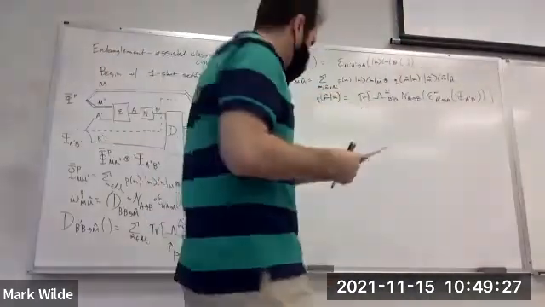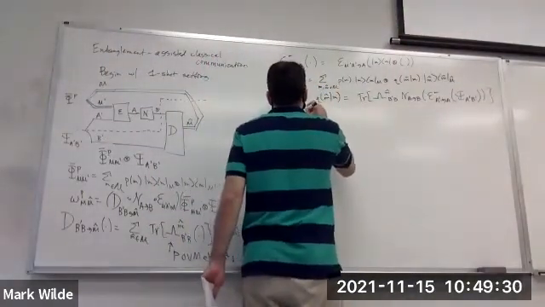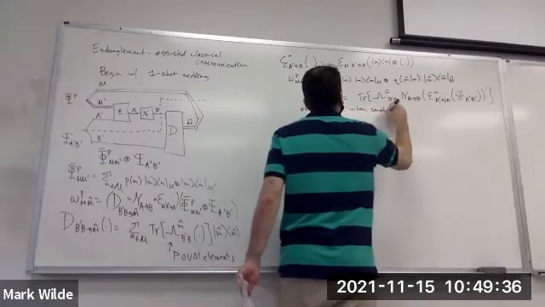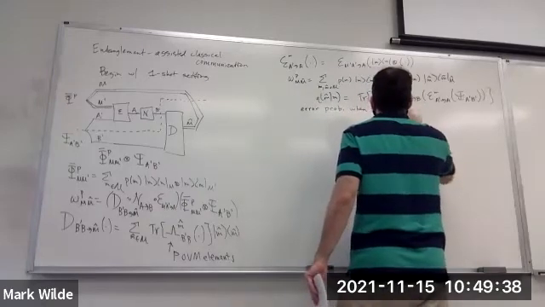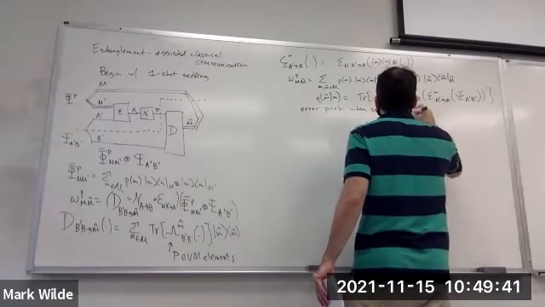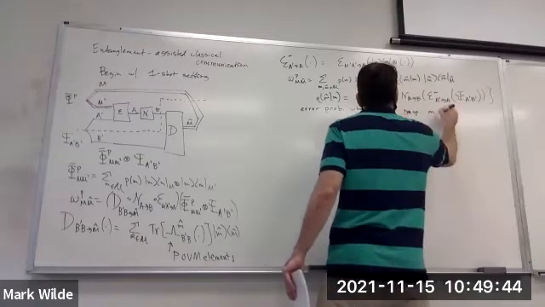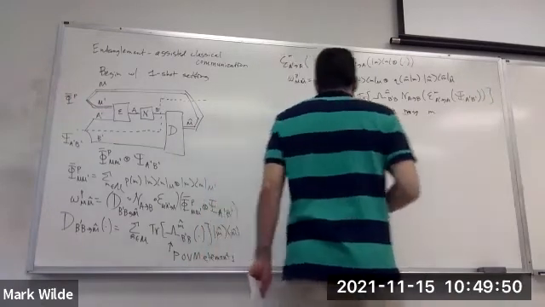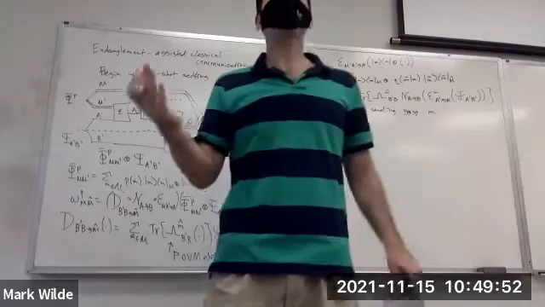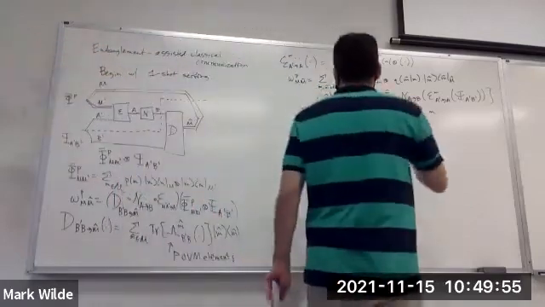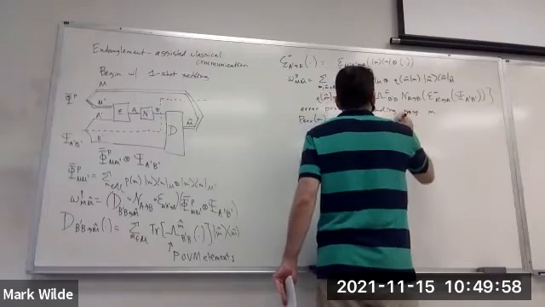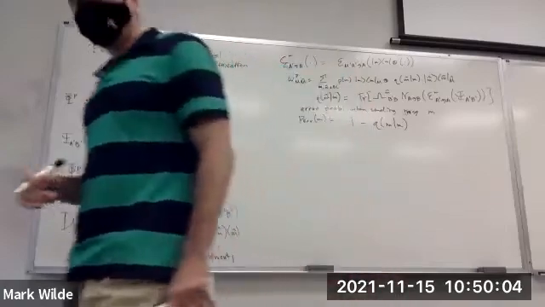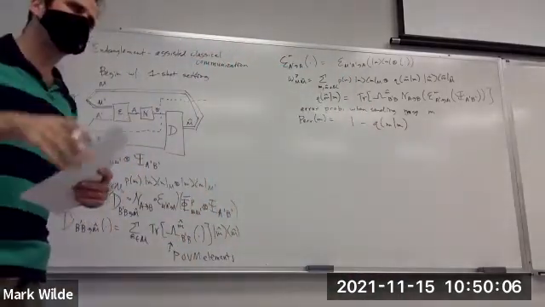So what is the error probability when sending message m? Denote it like this. It's just going to be 1 minus the probability of correctly decoding, right? So what is the probability of correctly decoding, q of m given m? Then 1 minus that is the error probability. Okay. So that's the error probability when sending message m.